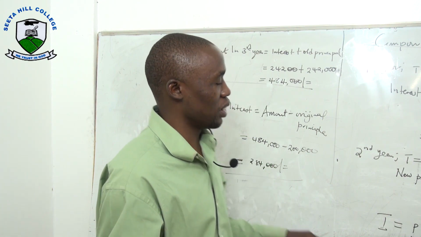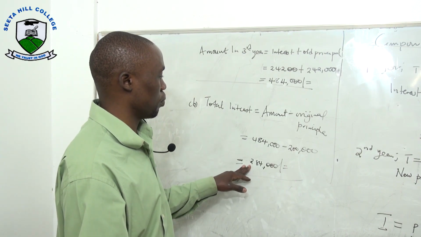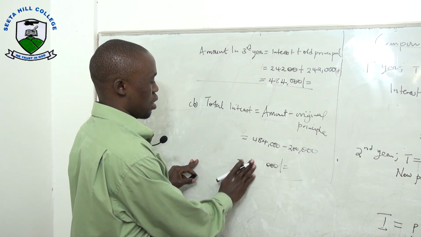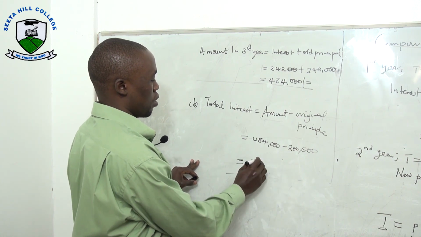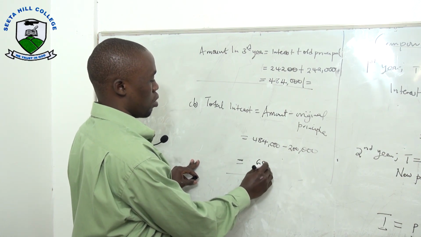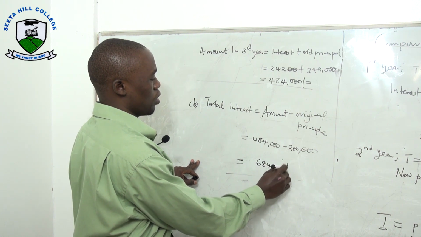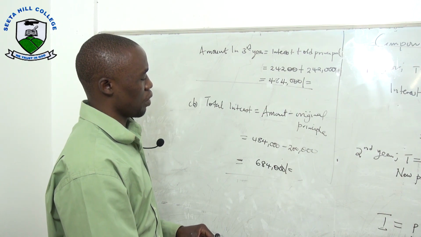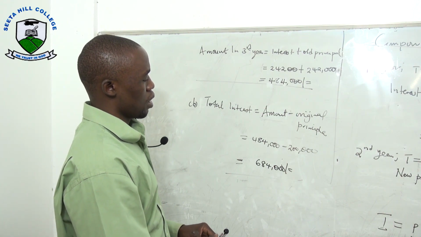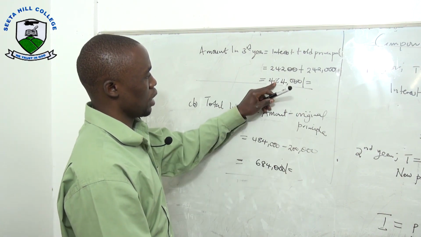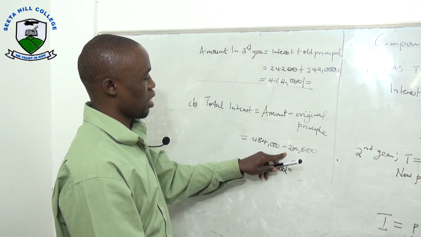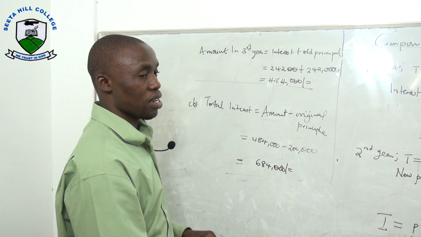The total interest, is it correct or wrong? I was wondering, how could the interest be 95,000? Are you sure? How can this be? 242 plus 242, you get 484.